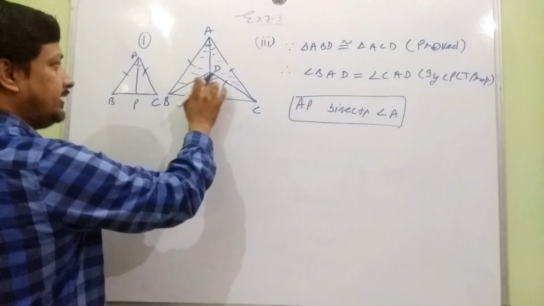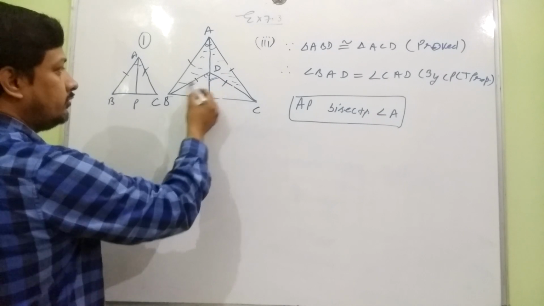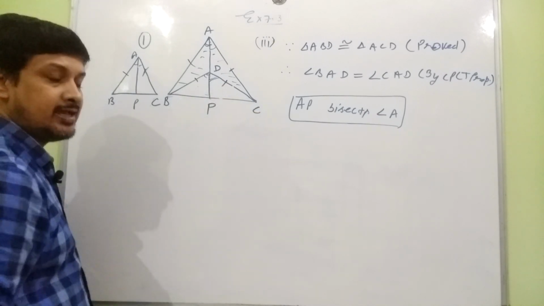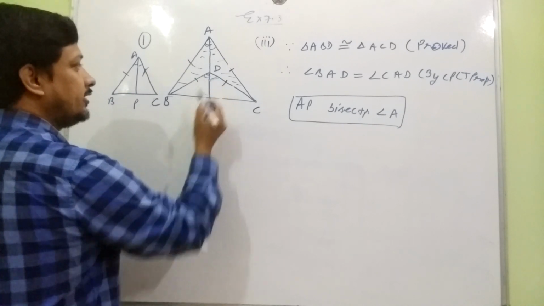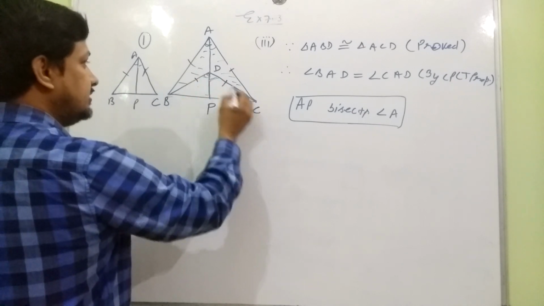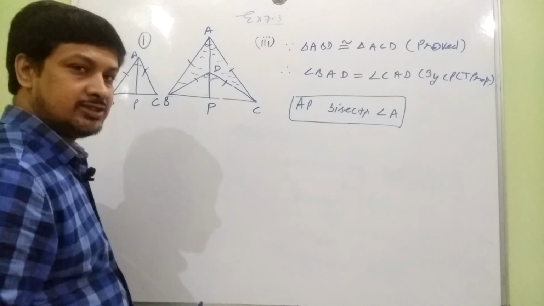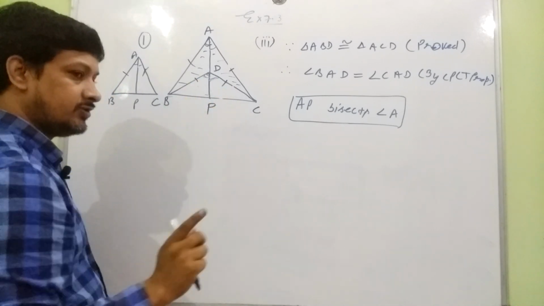Now for angle D, what we can do? We have to prove these triangles to be congruent, these small triangles, and then we will say by CPCT these angles are equal. So let us take these two triangles and first confirm whether we know three things or not. So we know BD equal to DC, that is the first thing.